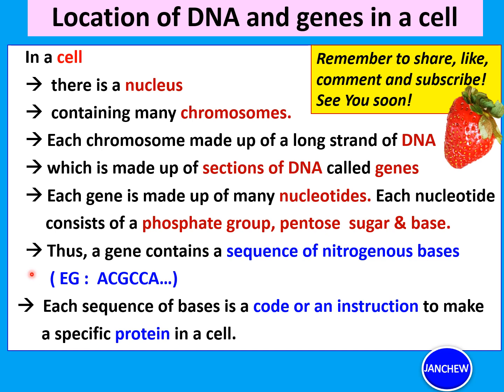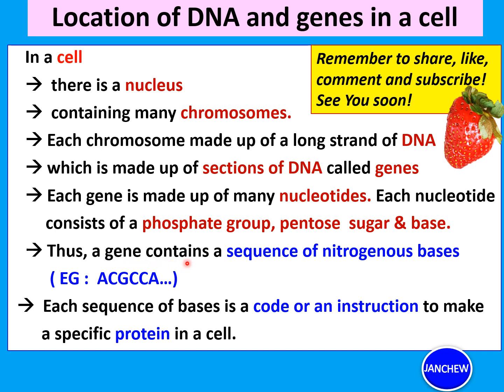Here are the notes for the explanation given in the previous slide. The location of DNA and genes in a cell. So in a cell, there is a nucleus containing many chromosomes. Each chromosome is made up of a long strand of DNA, which is made up of sections of DNA called genes. Each gene is made up of many nucleotides, and each nucleotide consists of a phosphate group, pentose sugar, and base.